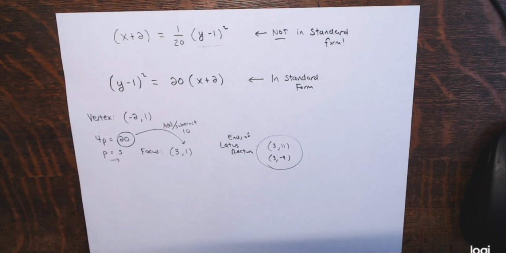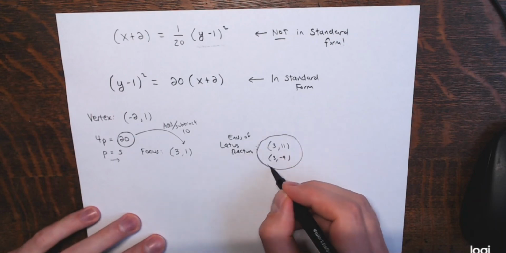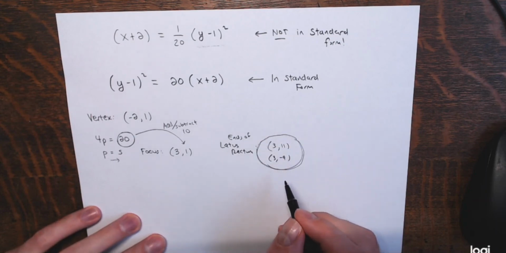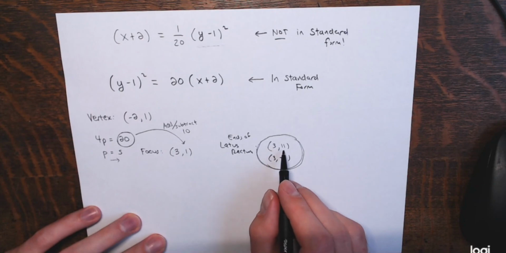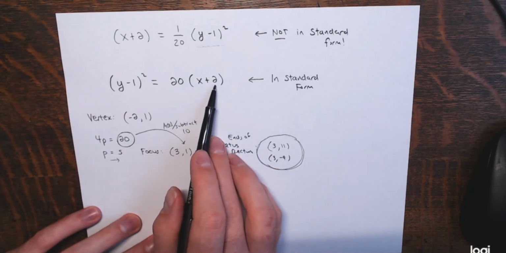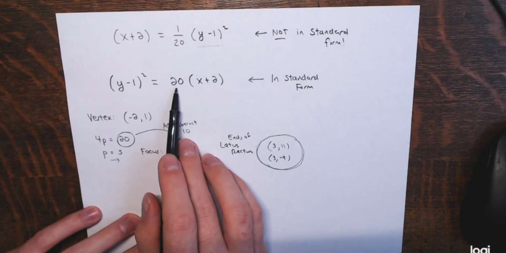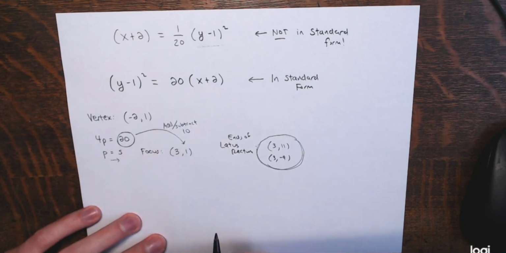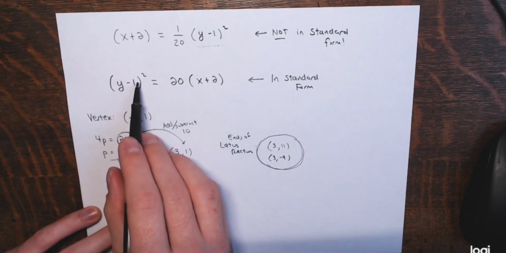And then you can always double check these, make sure that these are solutions of the equation. If I replace x with 3 and y with 11, if x were 3, that'd be 5 times 20 is 100. And then 11 minus 1 is 10, and 10 squared is 100. You got 100 equals 100.